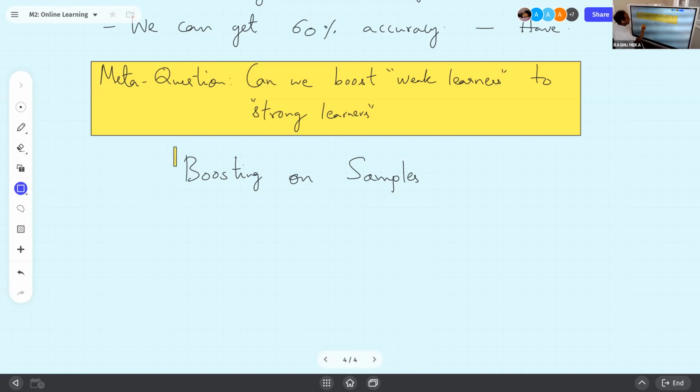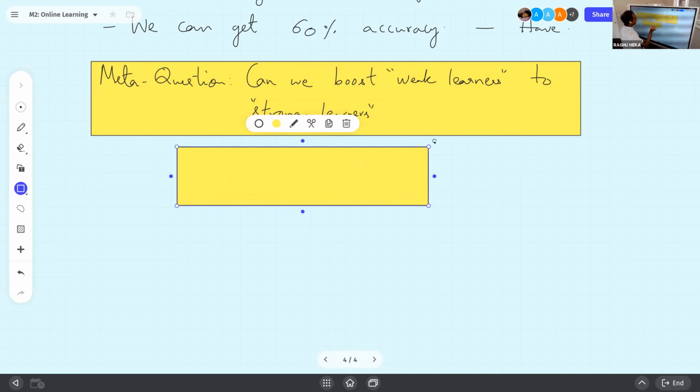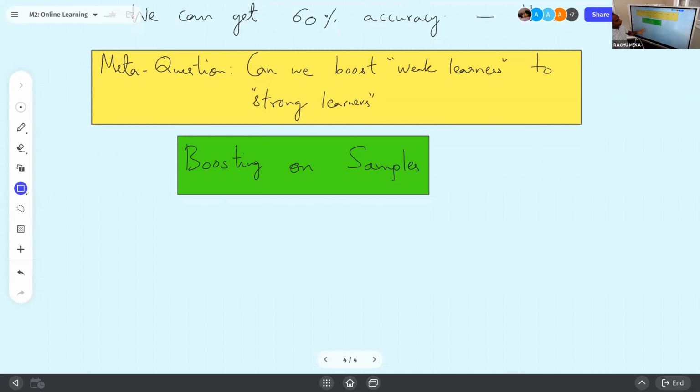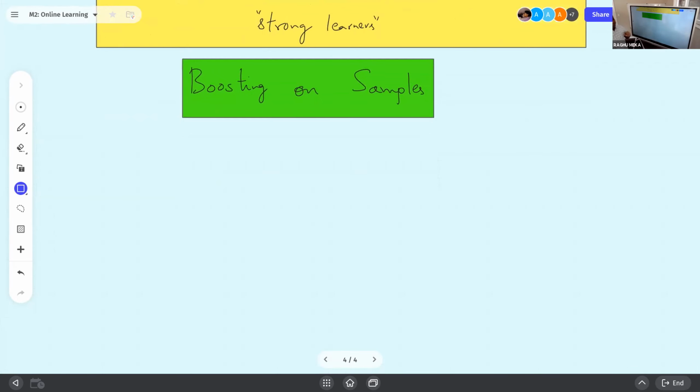Okay, so let me explain what this means. So the meta question is, can you boost weak learners to strong learners? But let's formalize this question a bit more rigorously. The best formalization is in the PAC framework, but it's a bit more cumbersome. So let's do something which is easier to get to.